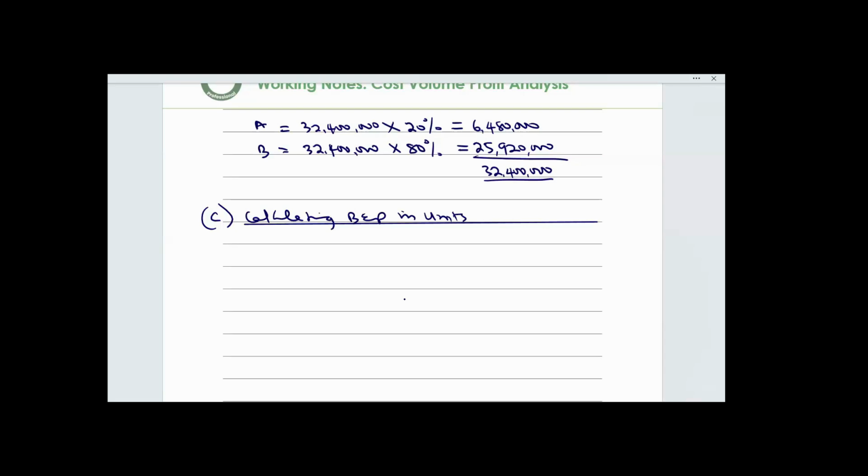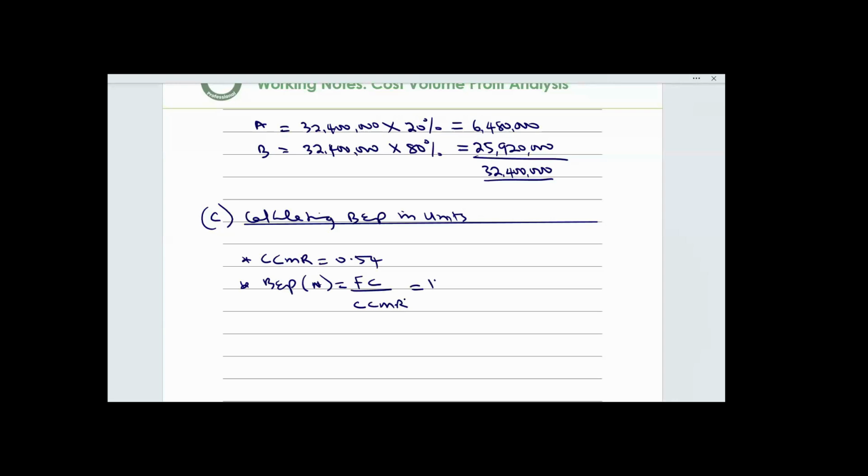The first thing you need to do is to follow the 5 procedures. First, calculate the overall contribution margin ratio. We've already done that, which is the composite contribution margin ratio of 0.54. The next step is to calculate break-even points in Naira for the company as a whole. The break-even point in Naira is fixed cost divided by the composite contribution margin ratio.